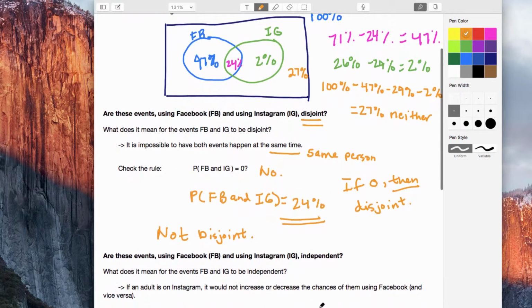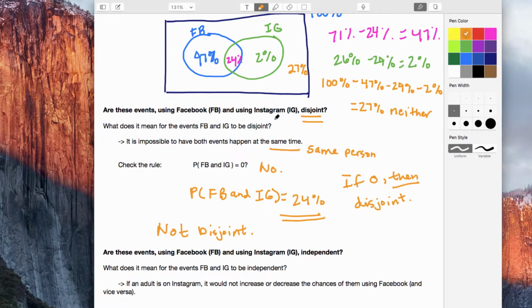All right, let's take a look at independent events. So this is a totally different question. We're not asking a question about the two qualities being in the same person. We want to know if one event will change the probability of the other event happening. So if events are independent, they have no effect on each other.